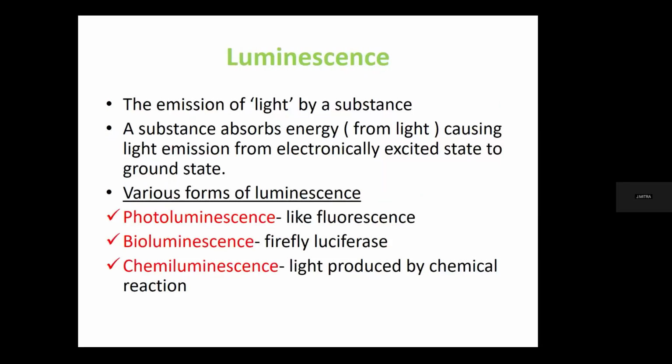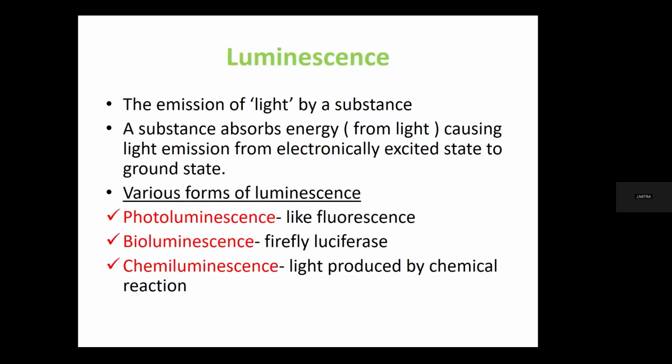It relies on the luminescence principle. What is it? It is the emission of light by a substance. When a substance absorbs energy in the form of light, it goes from the ground state to the excited state. It is actually called cold light because it generates light when it is cold.